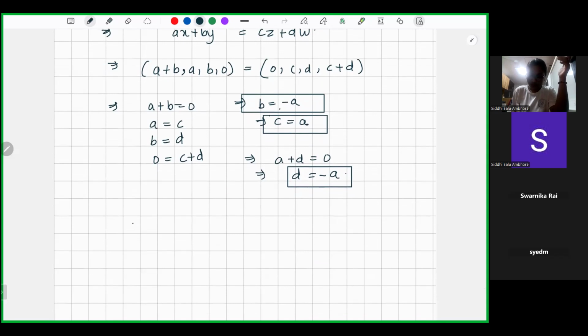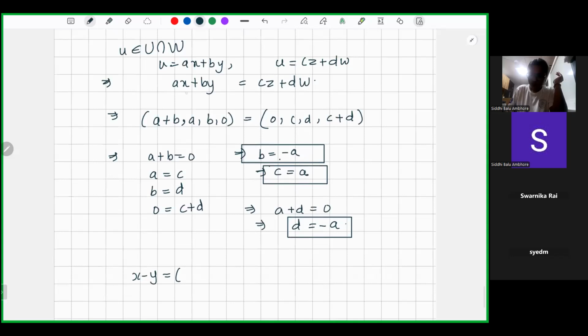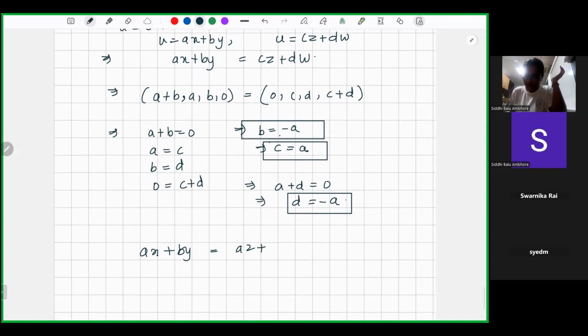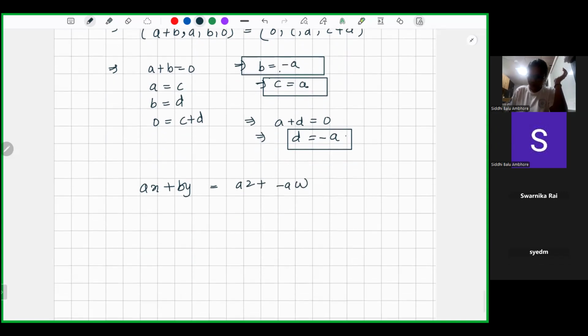C is equal to A, so AX plus BY is equal to AZ plus D, which is minus AW.